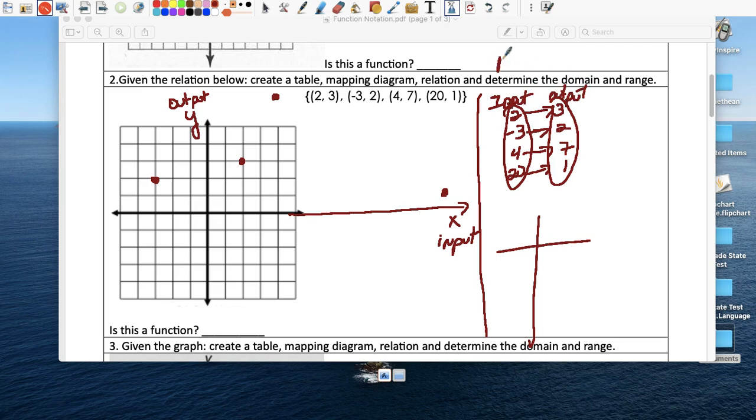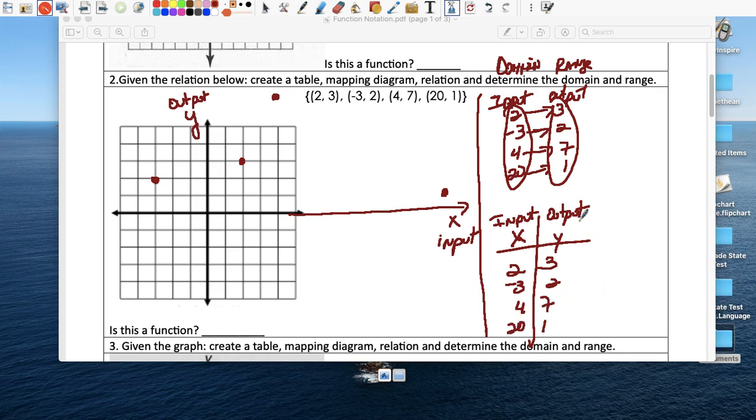Go ahead and write this is my domain, this is my range. My table: x and y, input. Again, I'm being repetitive here because I want you to get used to knowing that x is your input, also your domain. Y is your output, also your range. So we had 2 to 3, negative 3 to 2, 4 to 7, and 20 to 1.